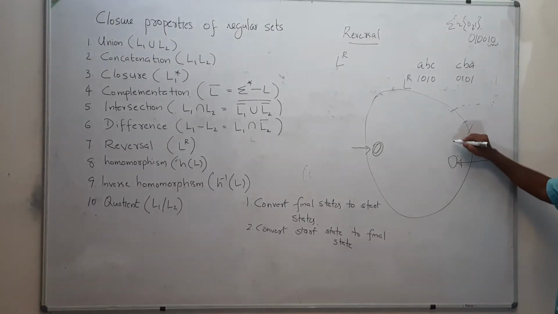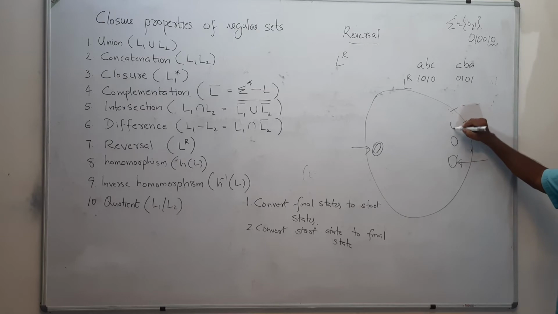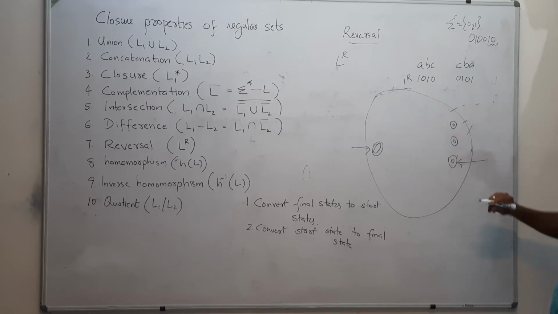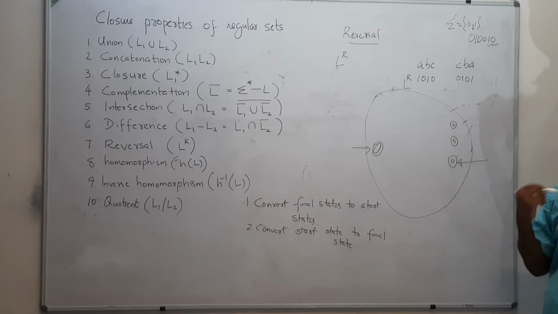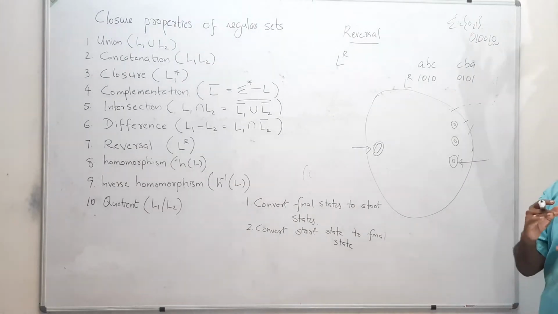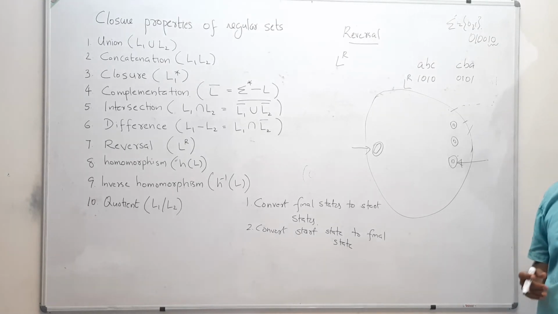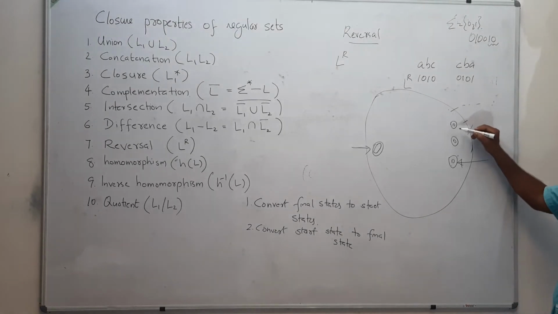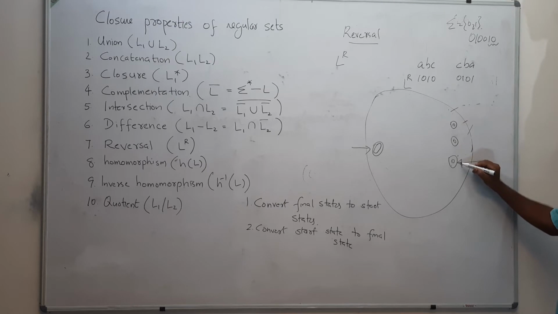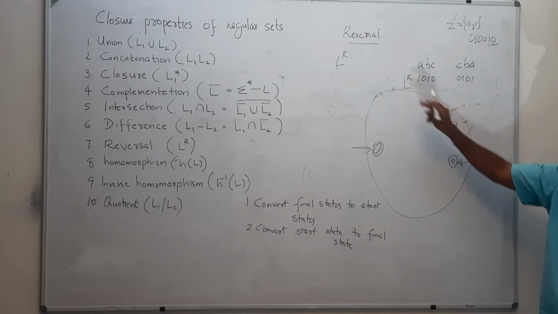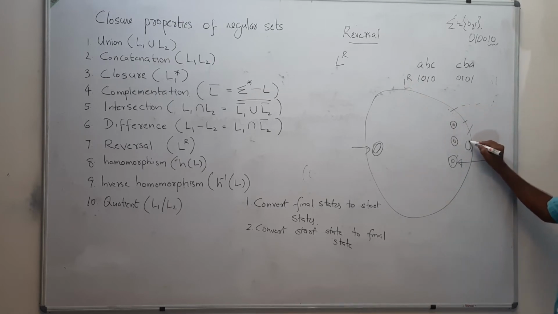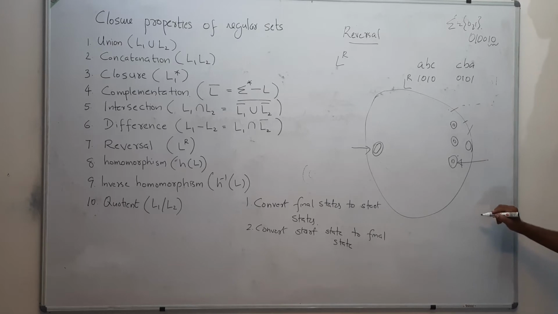But if you have more than one final state, then when you are converting these final states to start states, you will have more than one start state, but that is not allowed. If you have more than one start state for L raised to R, you have to create another start state here.